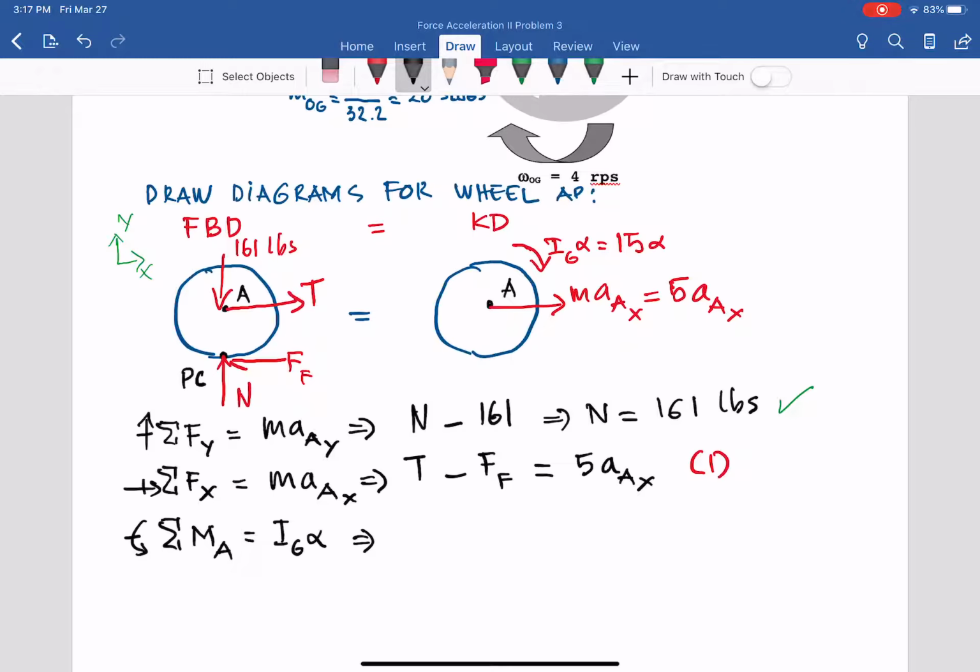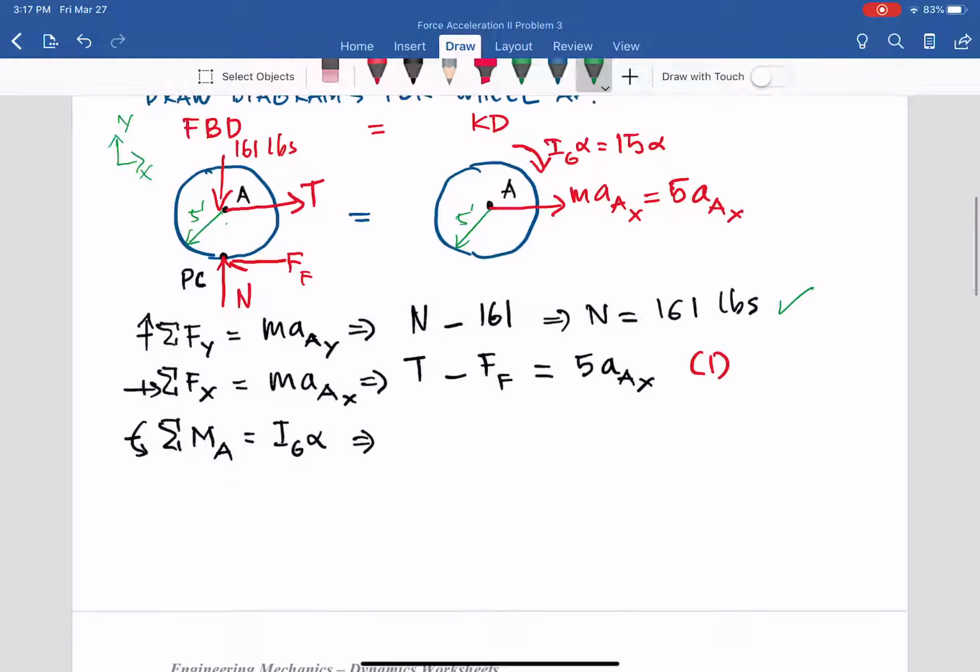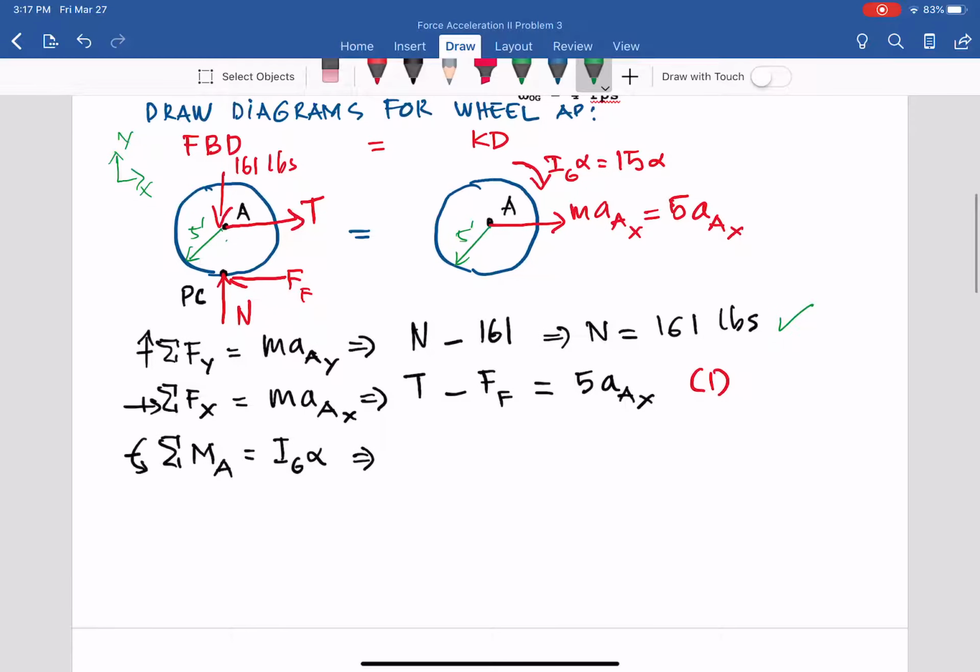and the radius for this one equal to 5 feet, right? So from that we can have friction force. Because it is clockwise, let's assume clockwise rotation is positive.